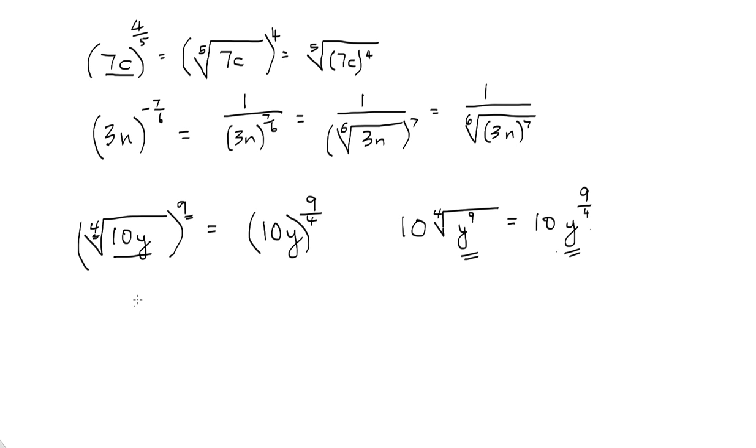I think one more should do it. How about 1 over the square root of 4z to the 5th power? Okay? So what have we got? We've got 4z. It's in parentheses because the entire thing's under the radical.